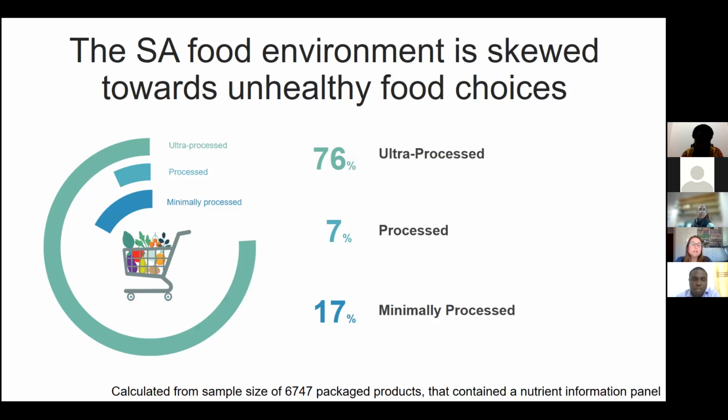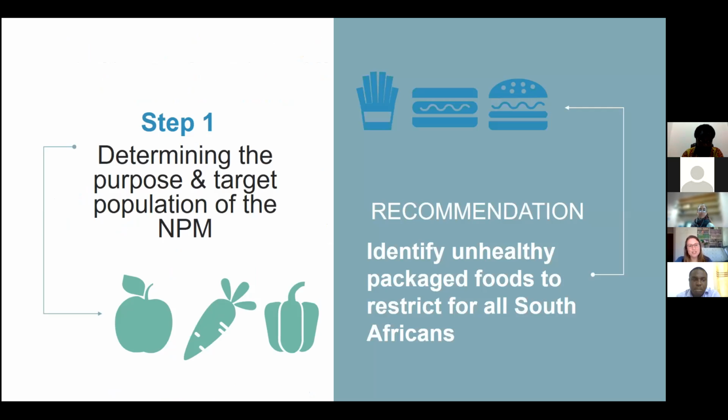During our analysis, we found that of our sample, 76% of the packaged foods were ultra processed, which is quite a large percentage. Once we reviewed literature, we found that the obesity pandemic in our country is advanced amongst both children and adults, and there are high levels of non-communicable disease morbidity and mortality, as well as an increasing consumption of ultra-processed foods.